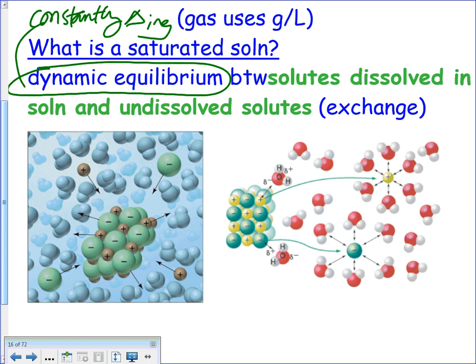And what do you think equilibrium refers to? Say it again. Equal. So even though it's still changing, the concentration of the solute that's dissolved is still equal to what it was previously.